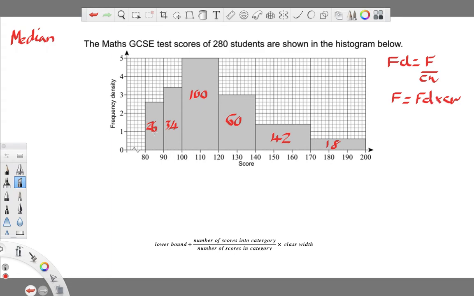So how did I get 26 here? Well, I know that each of these little squares is 0.2. So the frequency density here is 2.6, so it's 2.6 times the class width of 10, 26. I'll just run through another one. For this 100 one, the frequency density is 5 and the class width is 20. 20 times 5, 100.